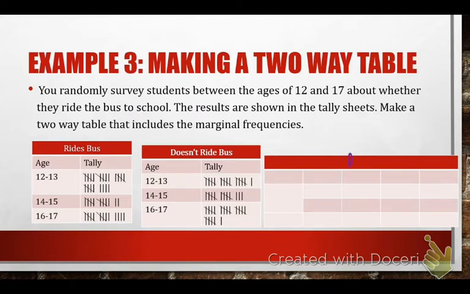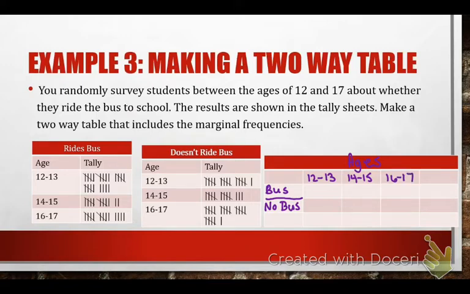So I'm going to go ahead and fill in the skeleton. Okay, we have ages, and then we have bus and no bus. Do they ride the bus? Do they not ride the bus? My ages are 12 to 13, 14 to 15, and 16 to 17.